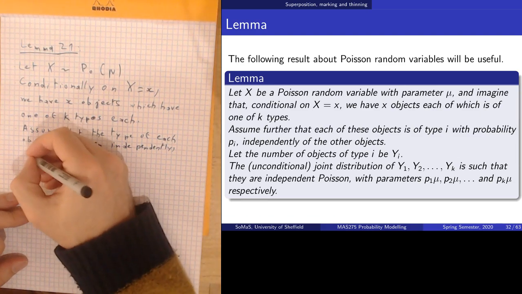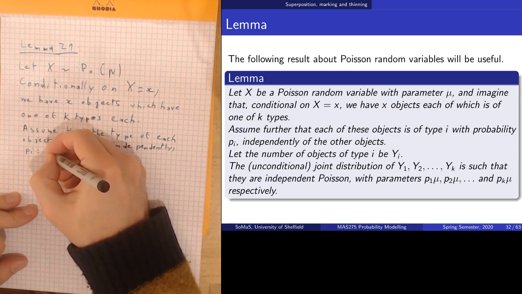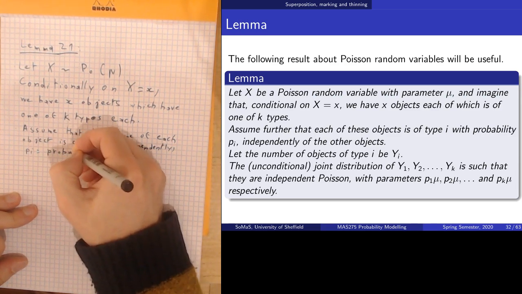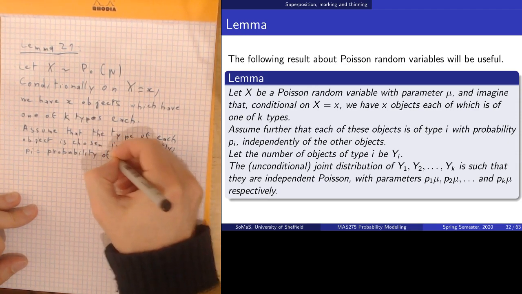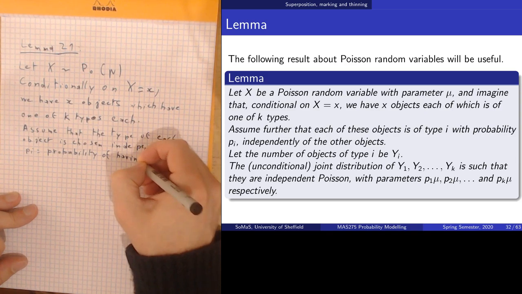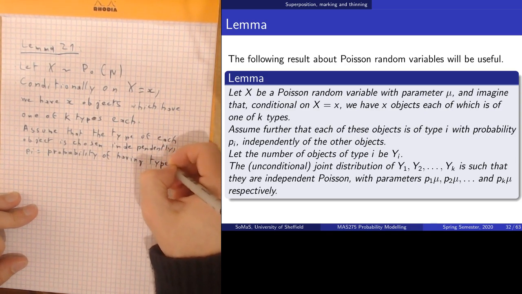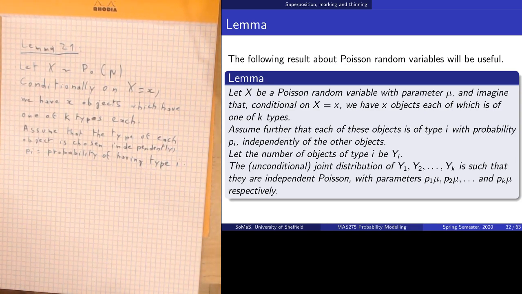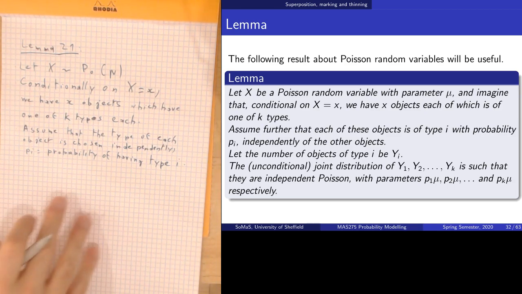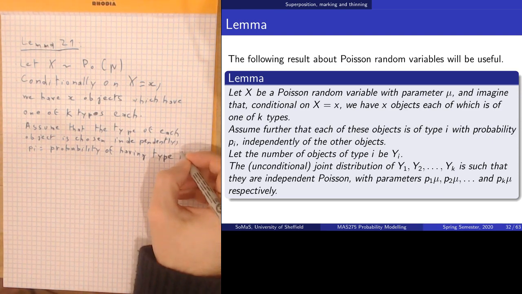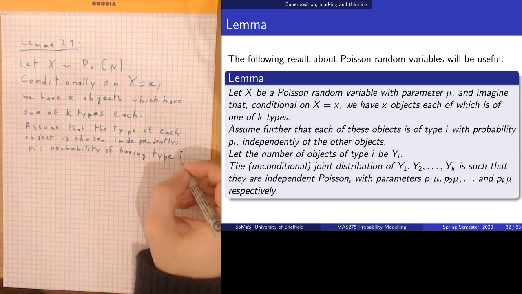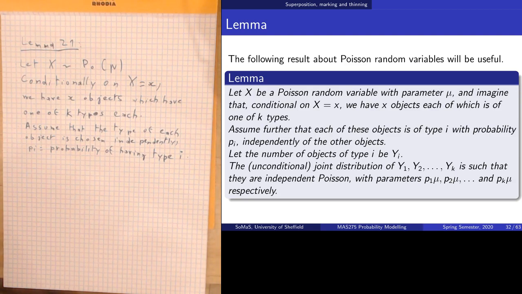So p_i equals probability of being type i. So for each ball, I choose its color, its type, independently, and with probability p_i it has type i.